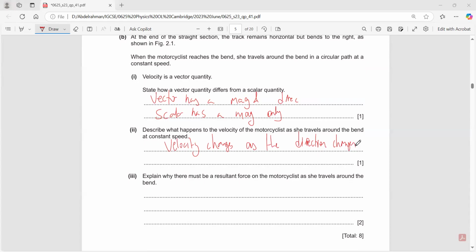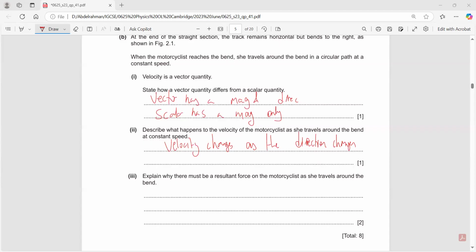Explain why there must be a resultant force on the motorcyclist as she travels around the bend. Why must there be a resultant force? As she's traveling in a circular motion through the bend, there is a centripetal force which is perpendicular to her direction of motion.